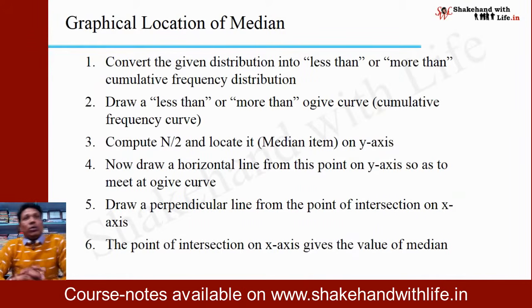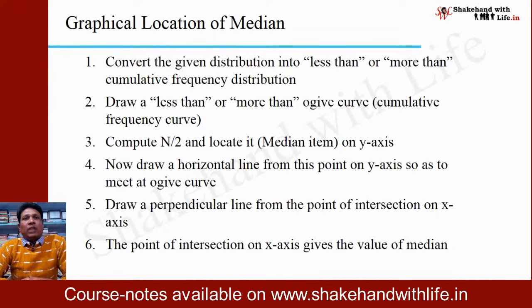Now how would you locate the median on the graph? For the graphical location of the median, first convert the given distribution into a less than or more than cumulative frequency distribution. Then draw a less than or more than ogive curve, the cumulative frequency curve.